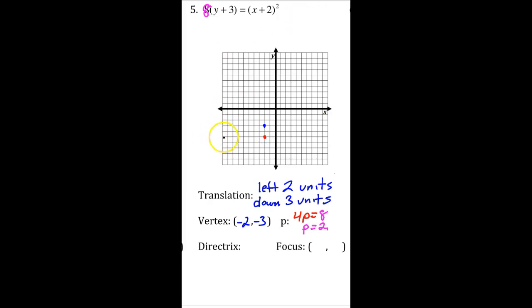So we can draw that right here. And I'll have a focus that is up 2. And with an LLR of 8, that means 4 to the right, 4 to the left. 1, 2, 3, 4, and 1, 2, 3, 4 to make 8 total across. And we can go and graph this.